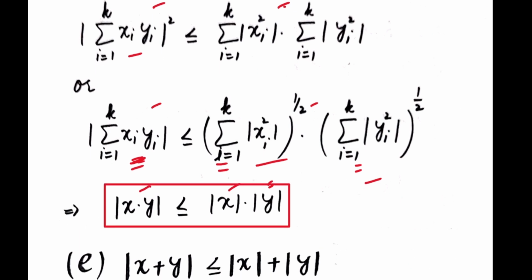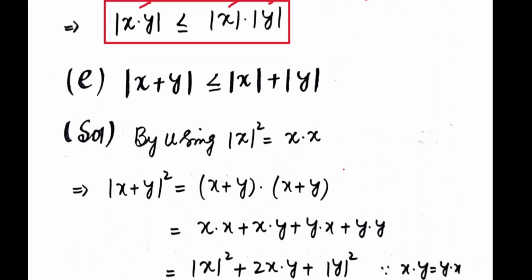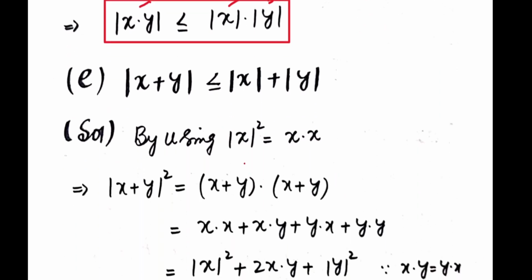The next one is the triangular inequality. To prove the triangular inequality, we use the result that the norm of x squared is equal to x dot x, that is the dot product. So by using this result, we can write the norm of x plus y squared equal to x plus y dot x plus y.